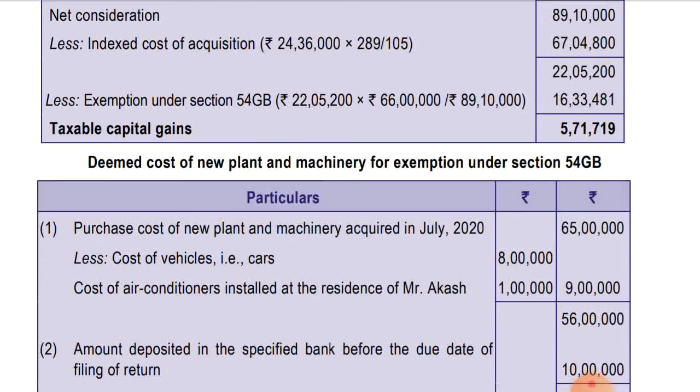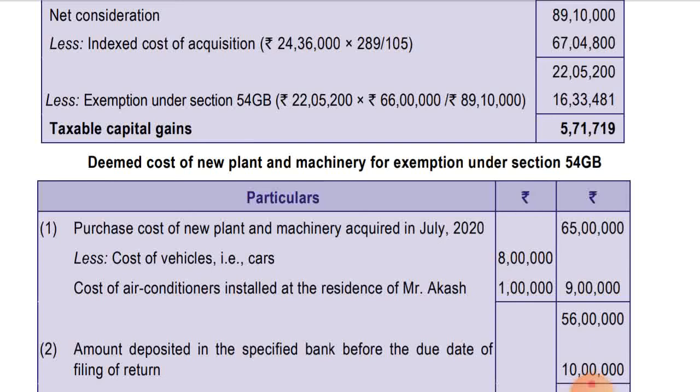Purchase cost of new plant and machinery acquired in July 2020 is 65 lakhs, less cost of vehicles, which is not included, that is the car 8 lakhs, and cost of air condition installed at the residence of Mr. Akash, 1 lakh, that is also not included, as it was for the personal purpose of Mr. Akash. So 1 lakh is removed.